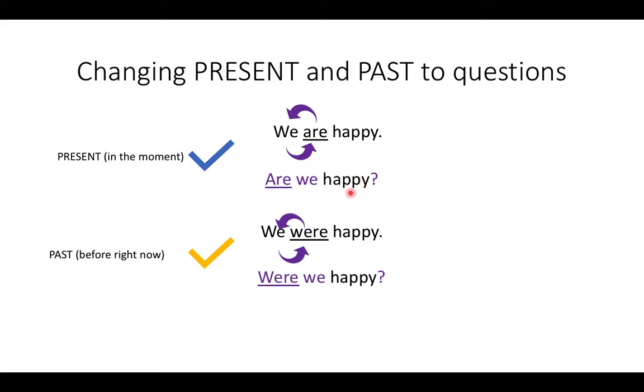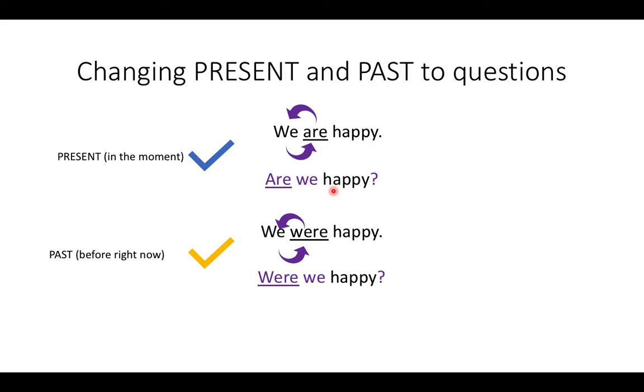And sometimes in English, people will say things that aren't actually questions, but they'll make the end sound higher, and it turns it into a question. So when you're writing in English, the proper way to make a question is this way.